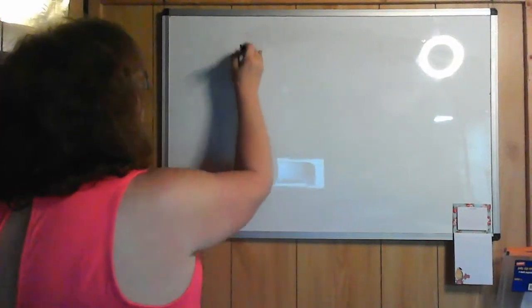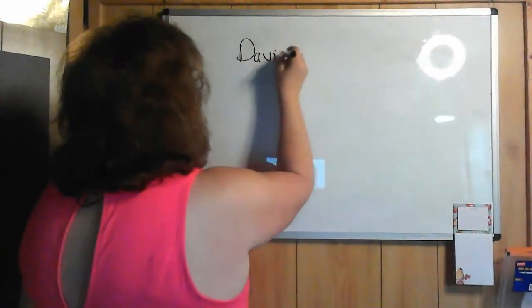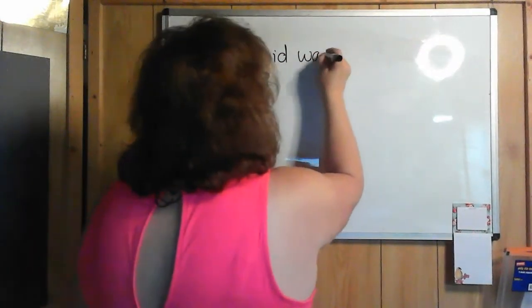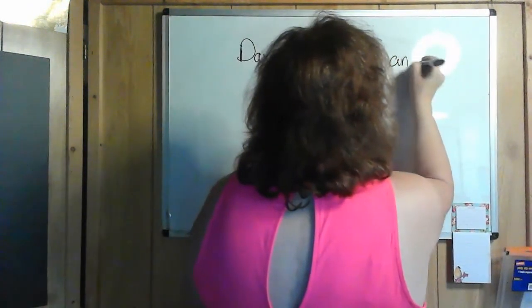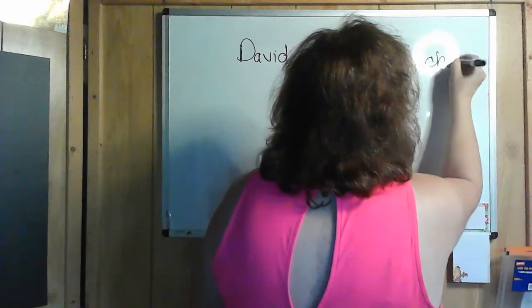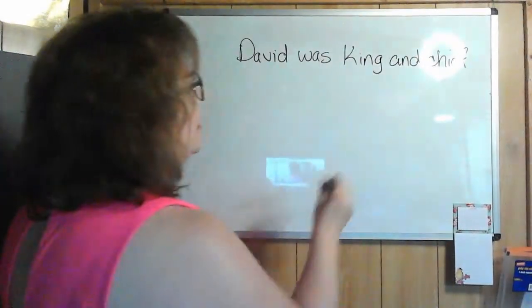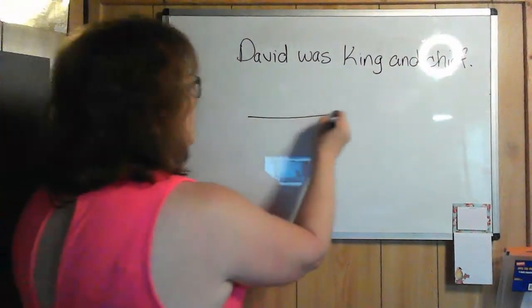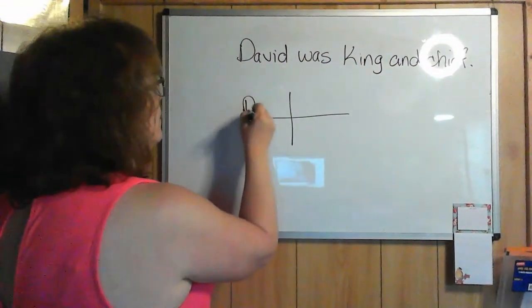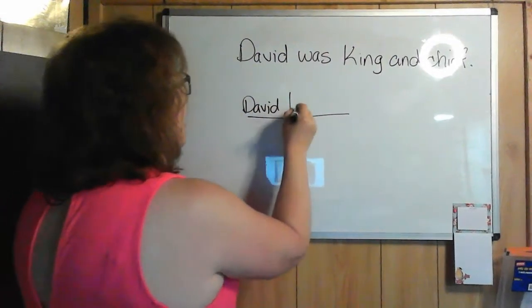How about: David was king and chief? Did I spell chief right? I'm not sure. I did. Okay, so we have our normal David and was.